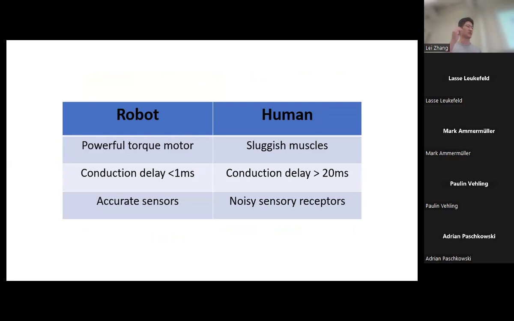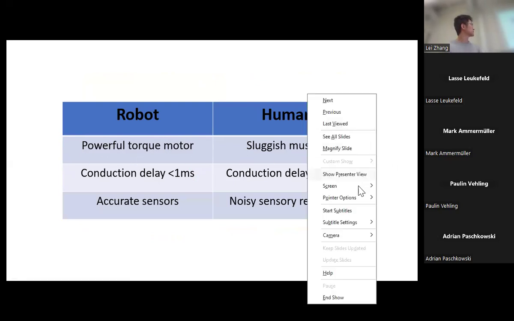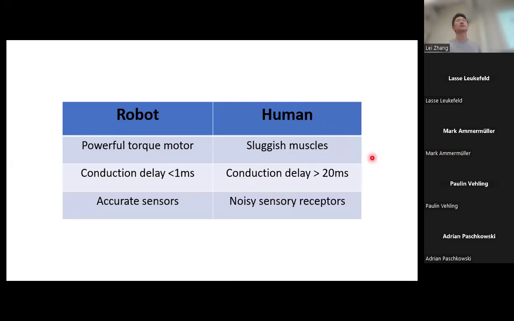That means if you give the input, it immediately produces the output or the force that you require. But in humans, the muscles are soft, which means when you innervate a human muscle, it doesn't immediately produce force. And if you look at the curve, it's actually a nonlinear exponential curve.